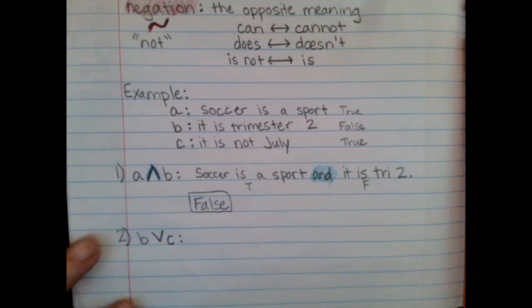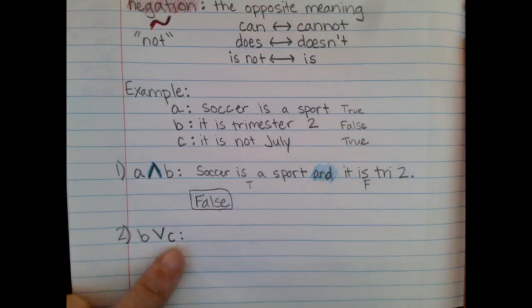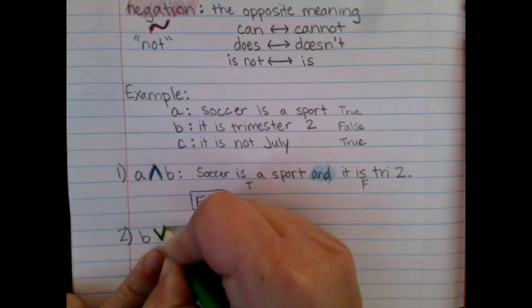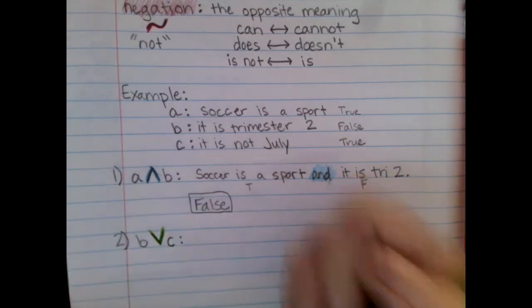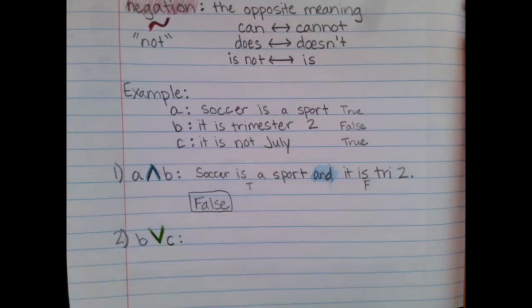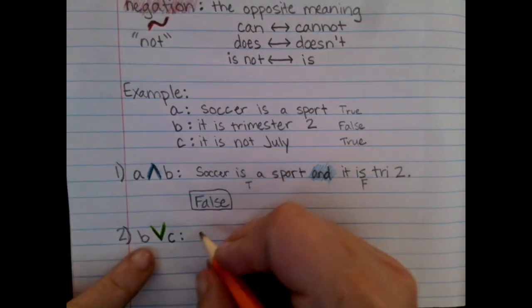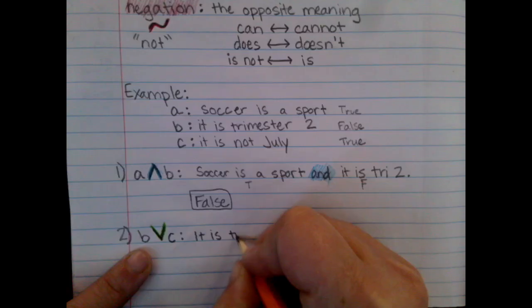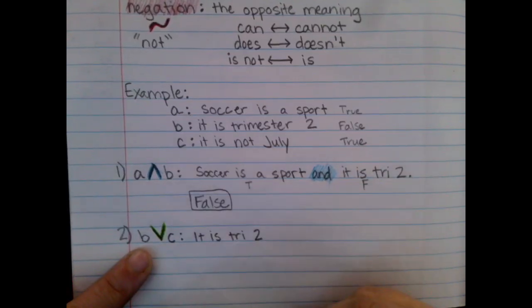Thanks. All right, what's this symbol telling us? Or, good. So when we connect these statements, we're going to use the word or. So what is statement B? It is trimester 2. And I'm just going to go with trimester 2 to save some space here.